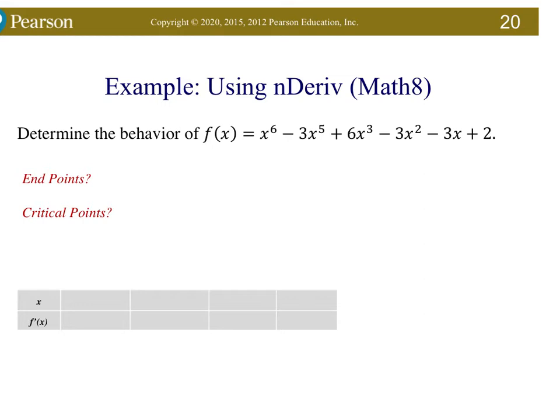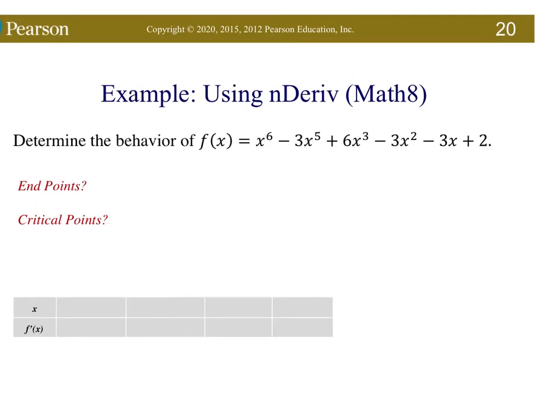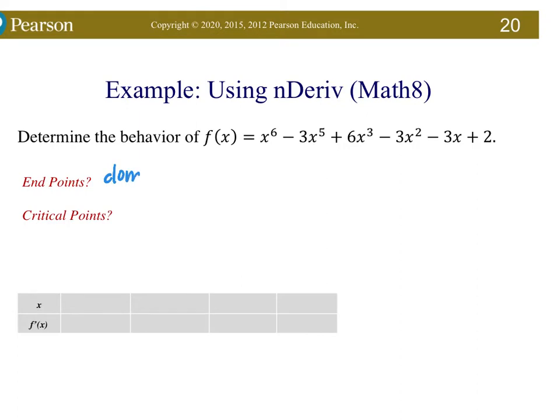So for the endpoint, we need to think about the domain. Since the domain is all real numbers, we do not have any endpoints. For our critical points, we are going to have the calculator draw a derivative graph for us, and we want to find where the derivative graph crosses the x-axis.